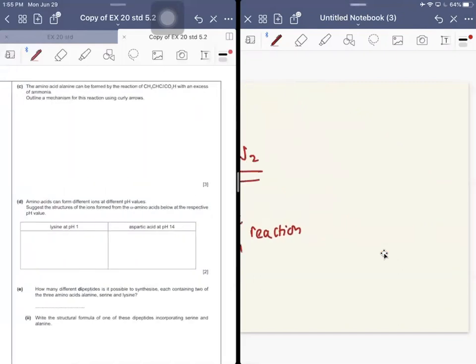Right, I think we still have time. Amino acids can form different ions at different pH values. Suggest the structures of amino acids at their respective pH values. We've ignored the pH value for now. We're going to draw lysine. As usual, I have my NH2, then my acid, and my hydrogen.